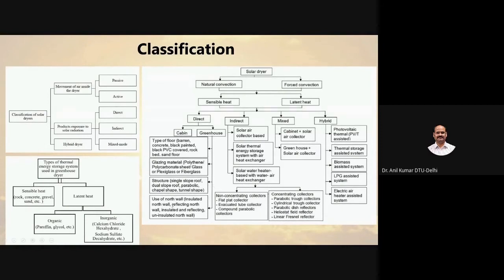And the north wall is insulated, because suppose the greenhouse is oriented in the east-west position, and the sun is moving from east to west and facing towards the south.